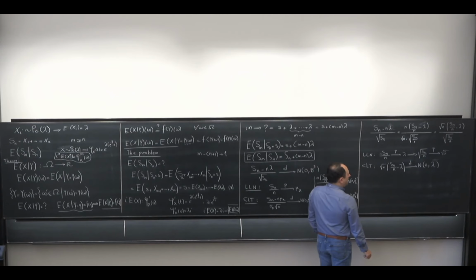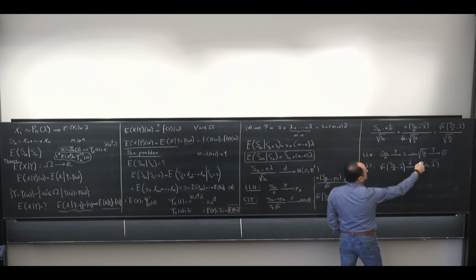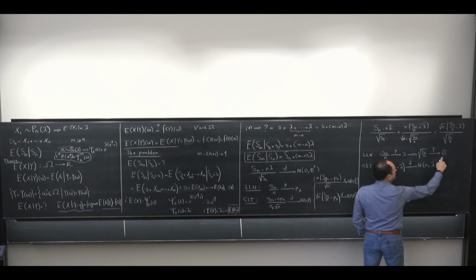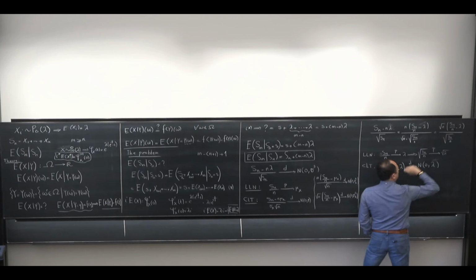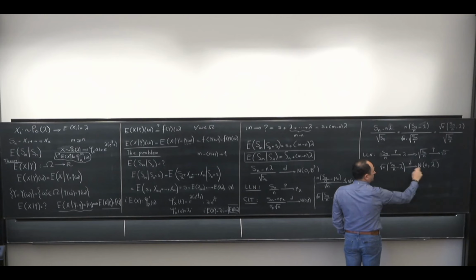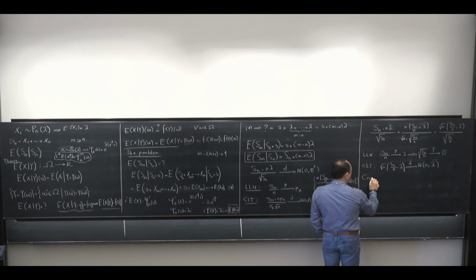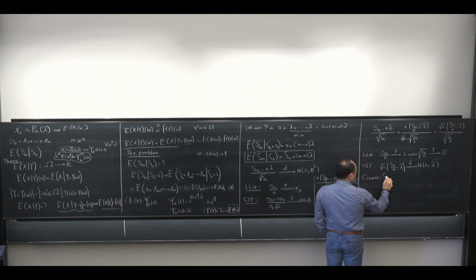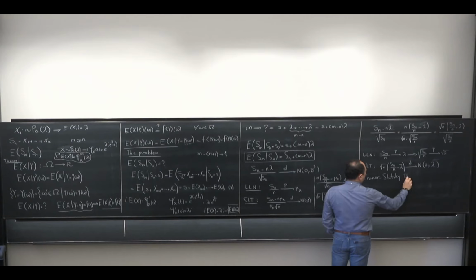But now I need to use this Cramér-Slutsky theorem. Yes? So this denominator goes to square root of lambda in probability. And then the numerator goes in distribution to this. So by Cramér-Slutsky theorem, what can I conclude?